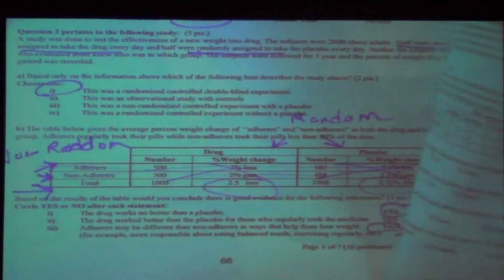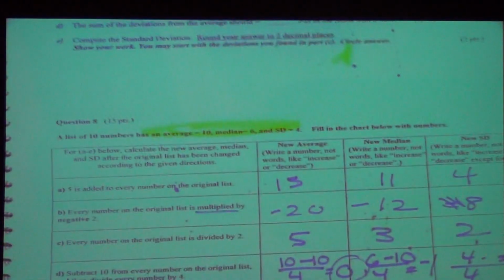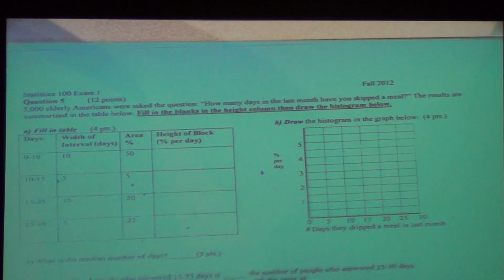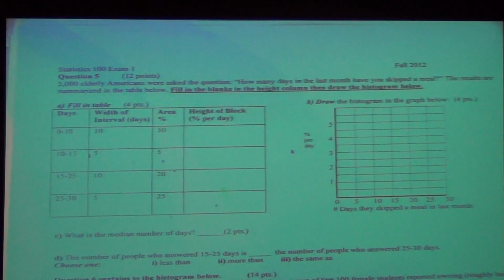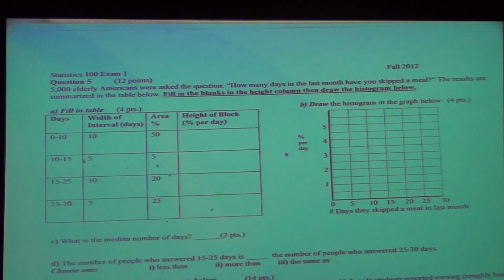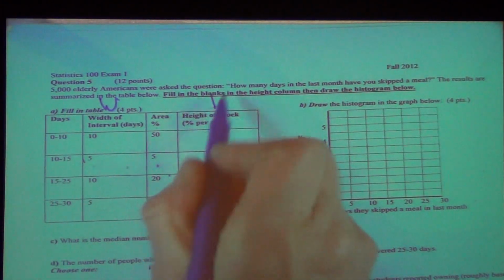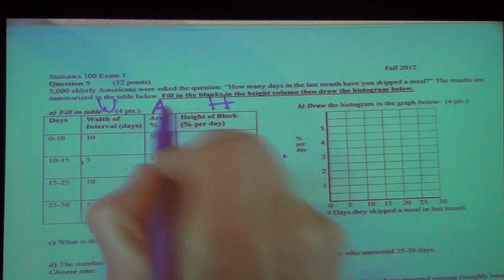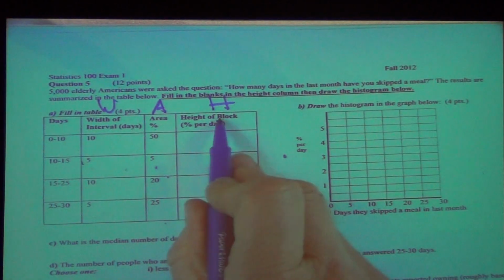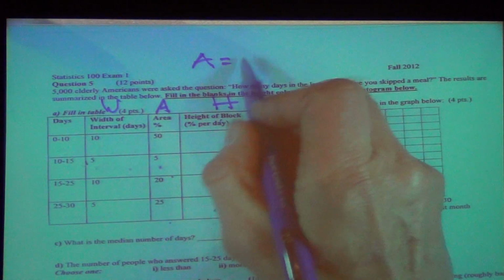Now let's see what we have left between these. How about we do this one? All right. Now, what is this? You have to draw this histogram here. And you've been given the width. And here's the height. And this is the area. Well, area equals width times height.